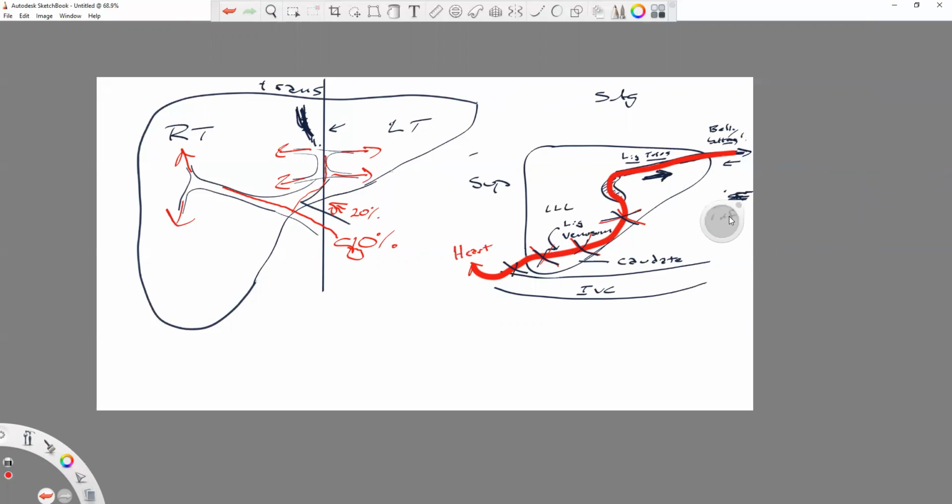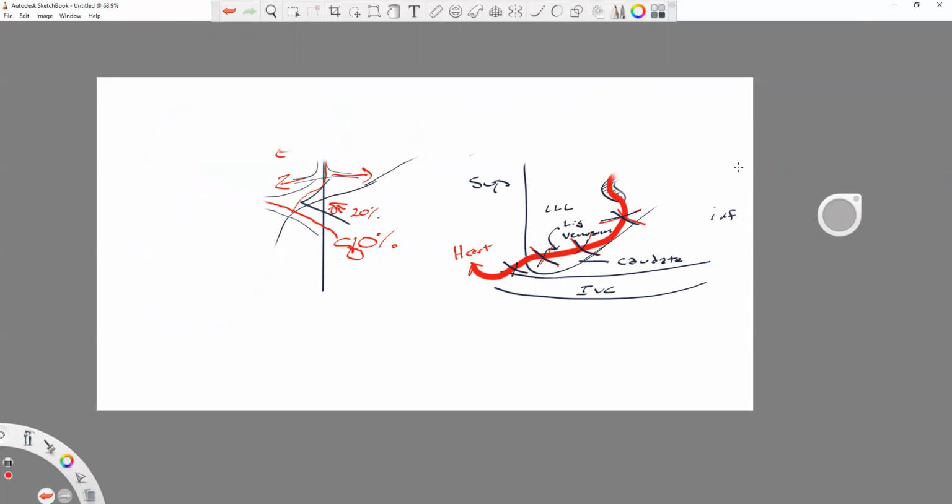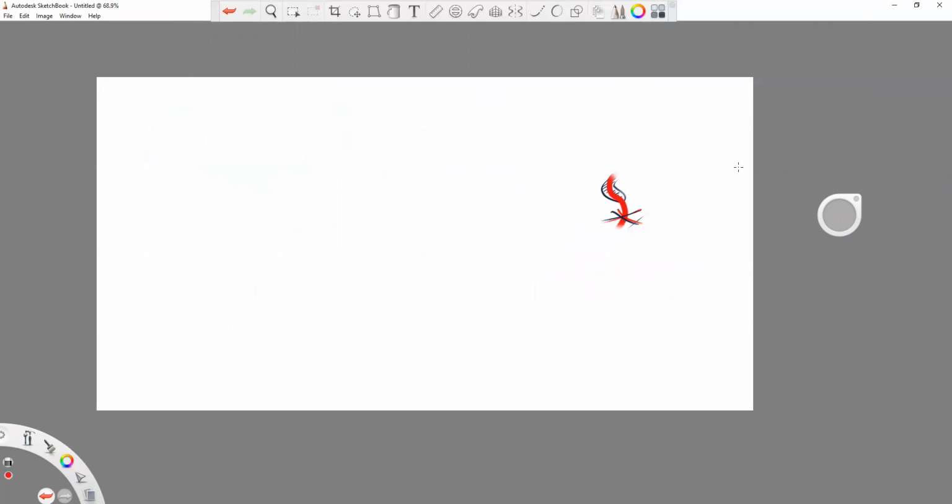Okay, here we go. So what other major landmark of the liver? Well, the hepatic veins. Now, some of you have had some issue. I think most of you have had issues with understanding the hepatic veins, and that's totally understandable. The reality of the hepatic veins, let's see.